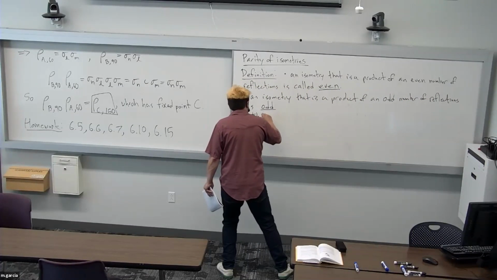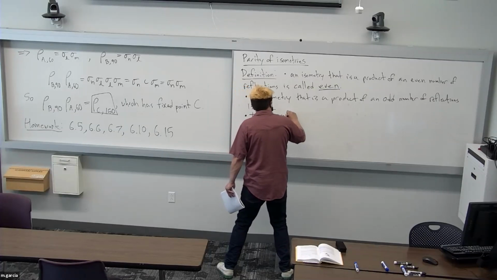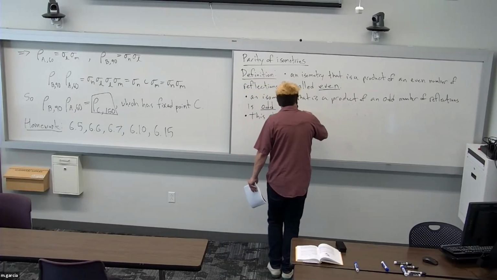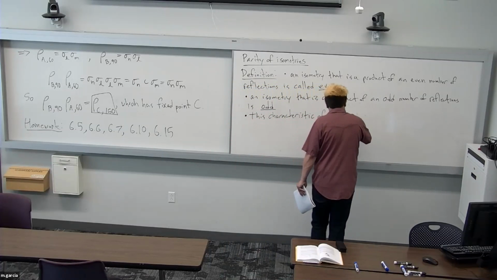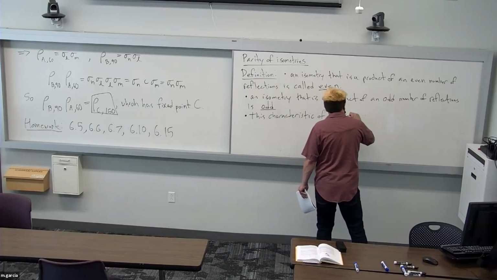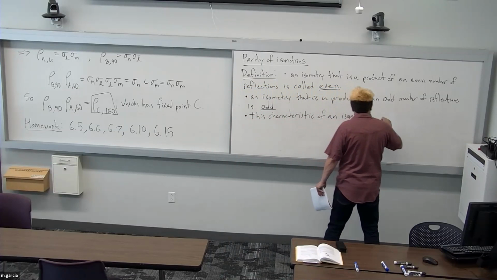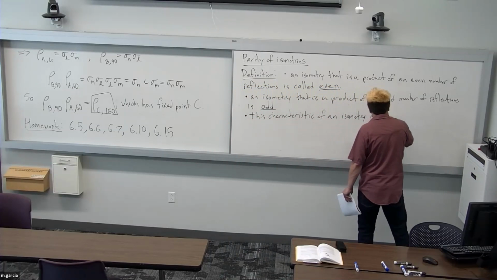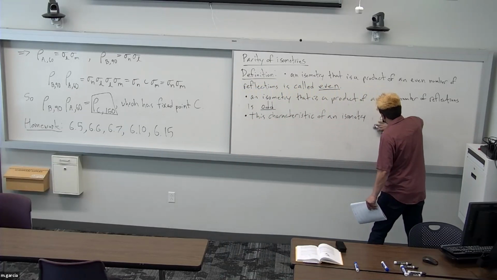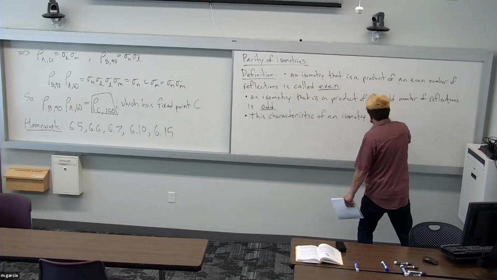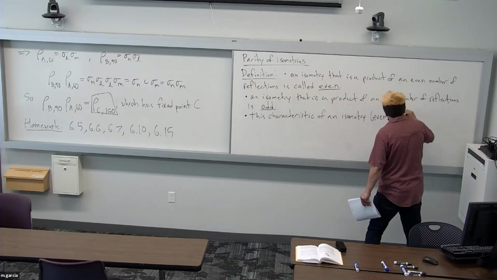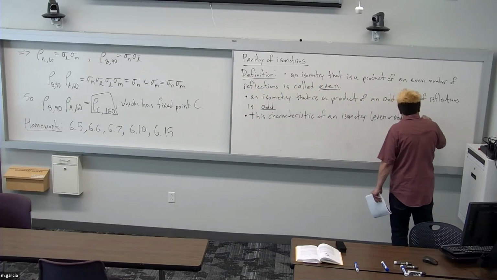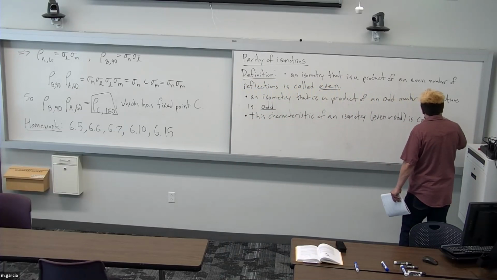And finally, this characteristic of an isometry, what do I mean? Even or odd, is called parity.